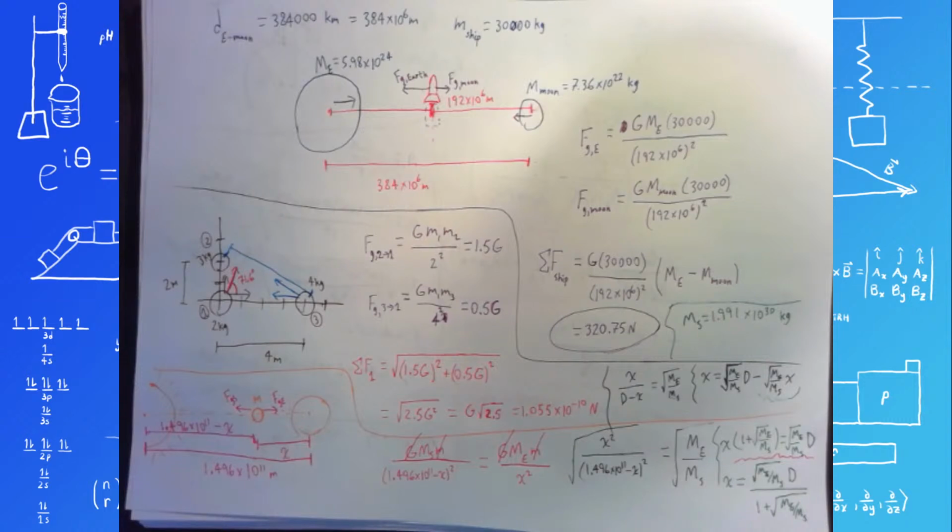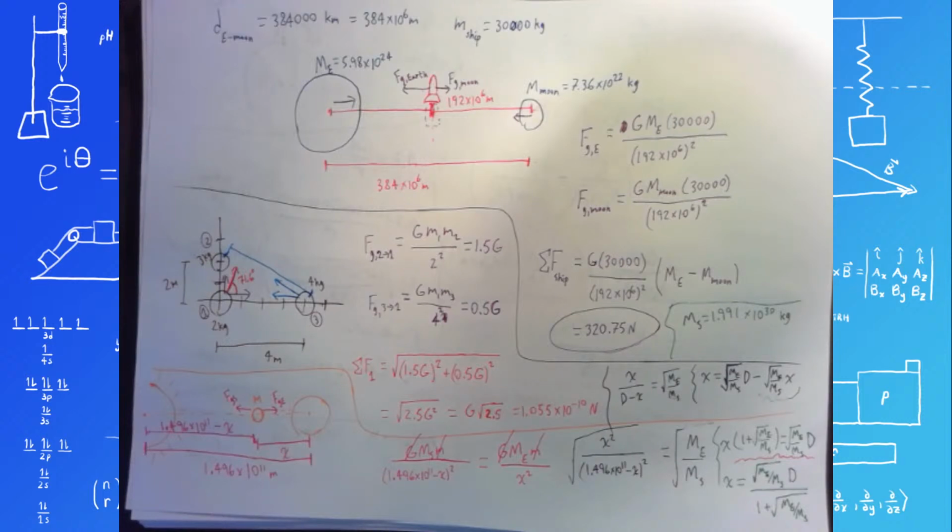So square root of 5.98 times 10 to the 24 over 1.991 times 10 to the 30. That number is 0.001733. I'm going to leave it unrounded for now.